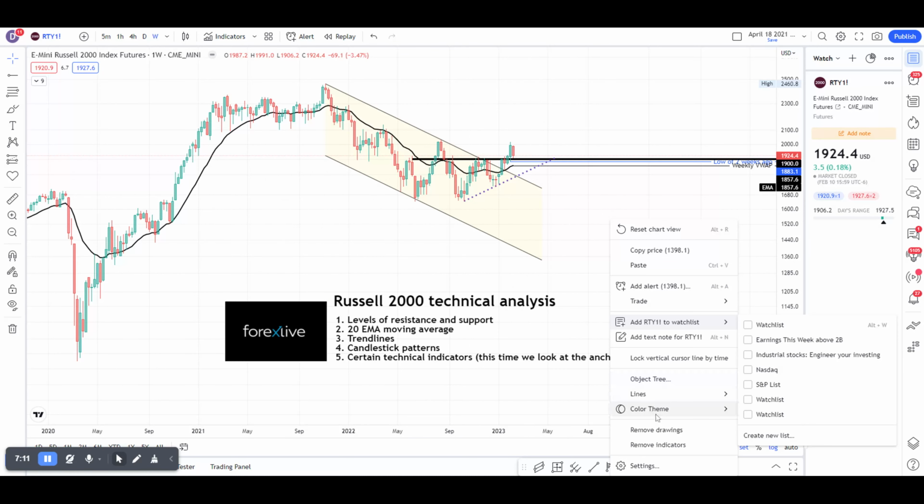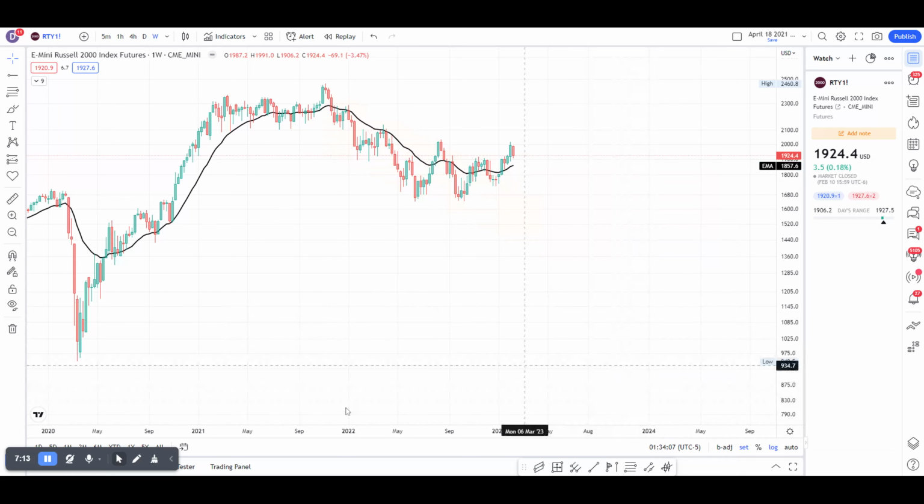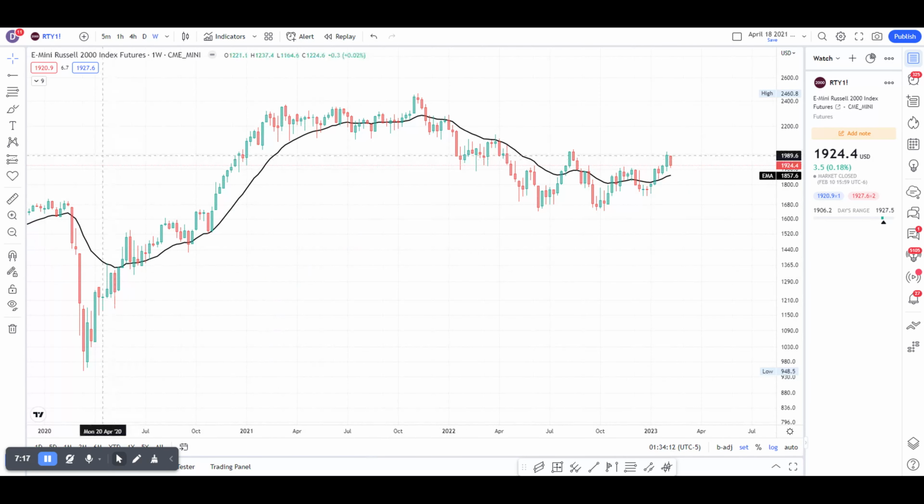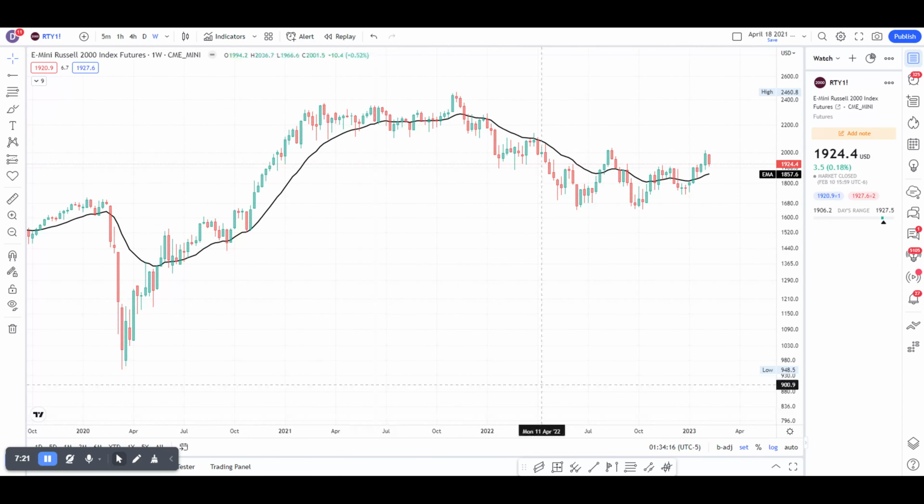Regarding certain technical indicators, this time I'll go to the anchored VWAP and look at a certain period. If you look at this chart, you'll see where the major, even drastic pivot point is. It's definitely here at the low of the low with the COVID crash, where some people thought that's it, we're done.